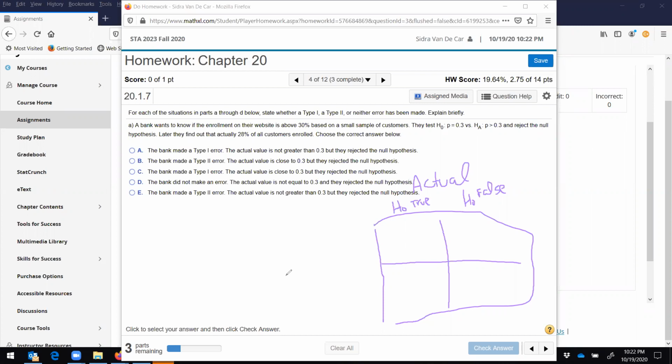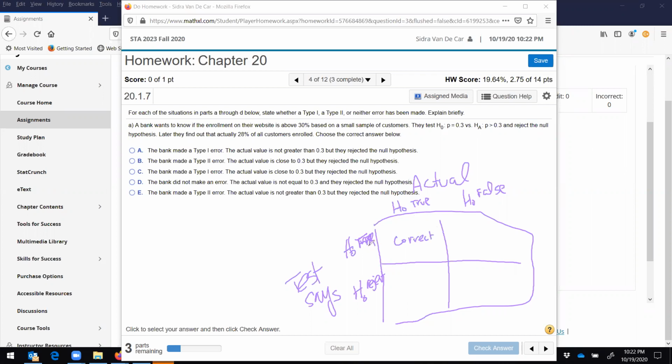Now, over here, we do what the test tells us. The test may give us that the null is rejected, or this would be fail to reject, right? So if I fail to reject the null when the null is actually true, that's a correct thing to do.